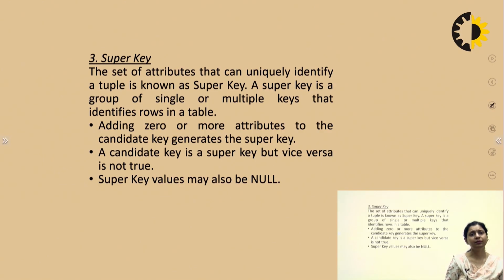But the super key can uniquely identify a tuple, and may also contain null values. It is a group of single or multiple keys which uniquely identify the rows in a table. Adding zero or more attributes to the candidate keys may generate a super key.